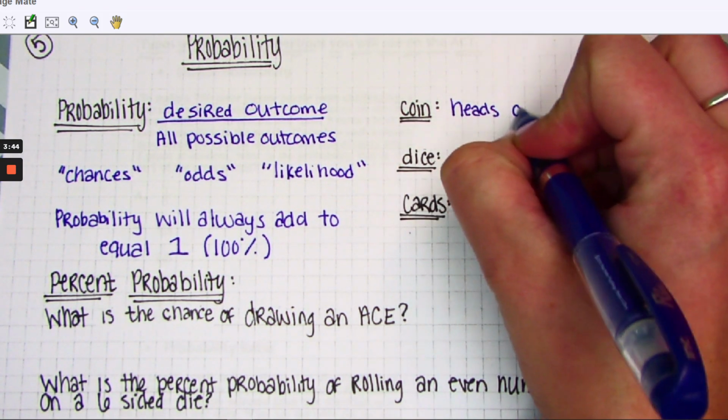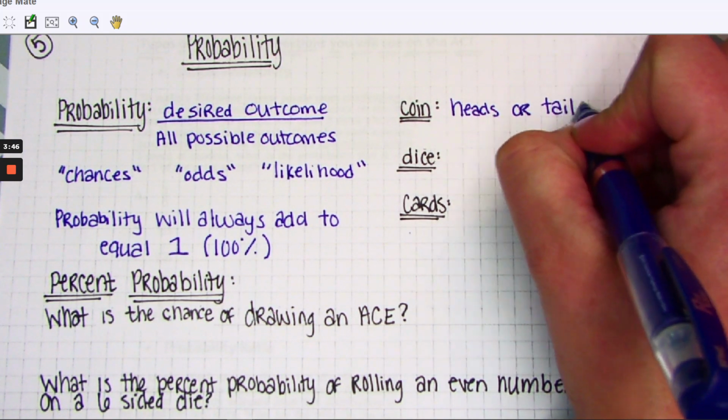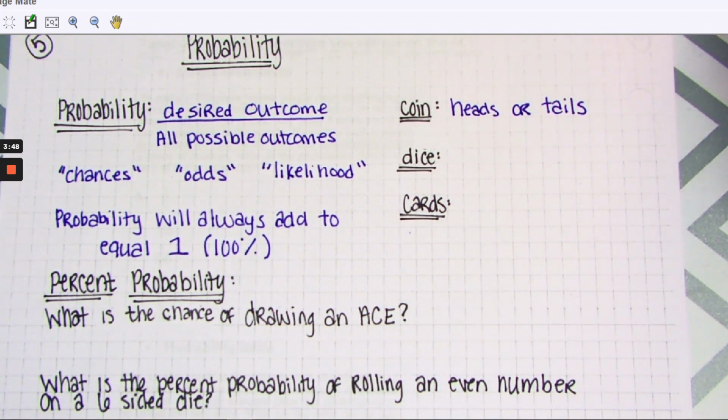It's not like a double-sided coin. So you have a 50% chance of flipping the coin and it being heads, 50% chance of it being tails, or a 1 out of 2 chance of it being heads, 1 out of 2 chance of it being tails. There's only 2 outcomes with a coin. It's never going to land on its side where it's standing straight up, unless, like, there's no gravity or something. I don't know. It's not possible.